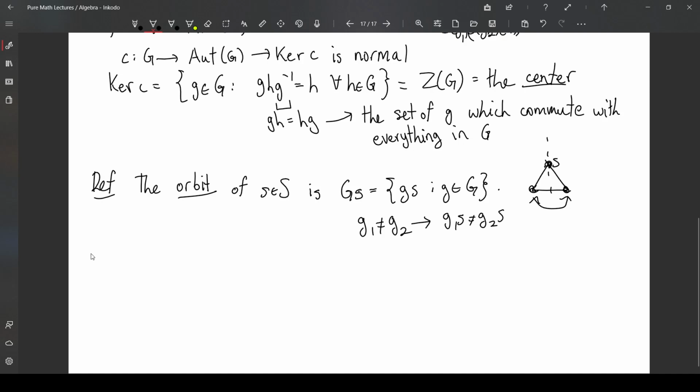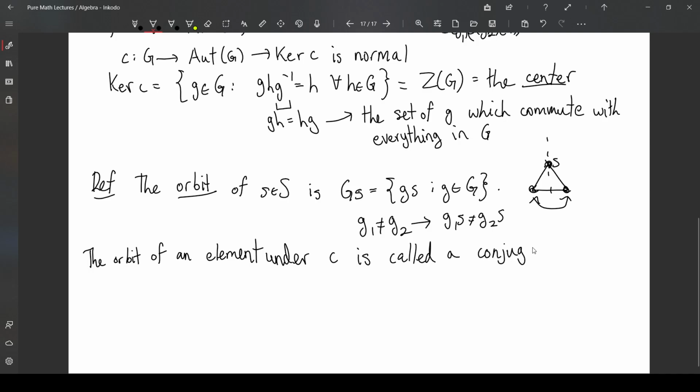As a special side definition, the orbit of an element under C of G, or I should just say C, so this conjugation map that we defined earlier, is called a conjugacy class.